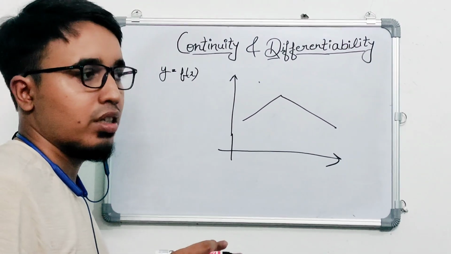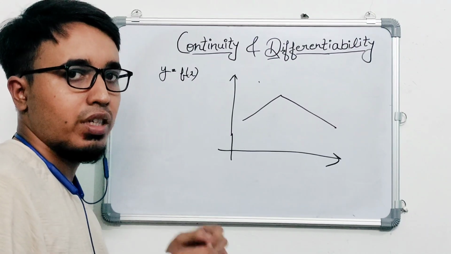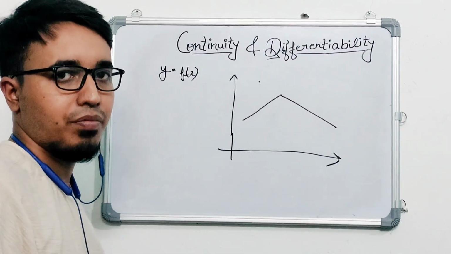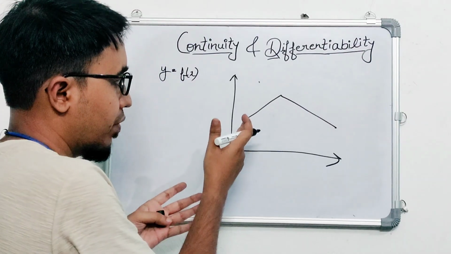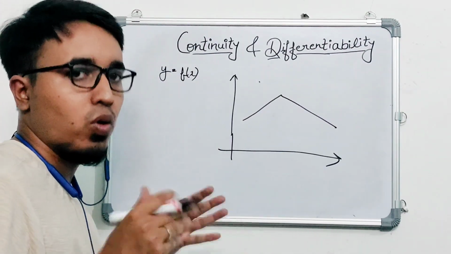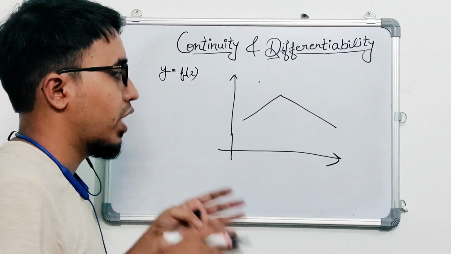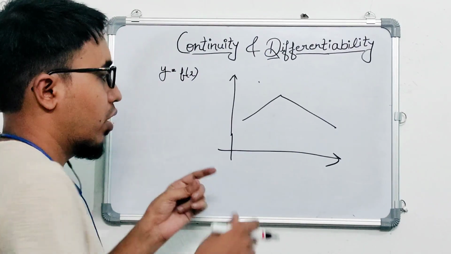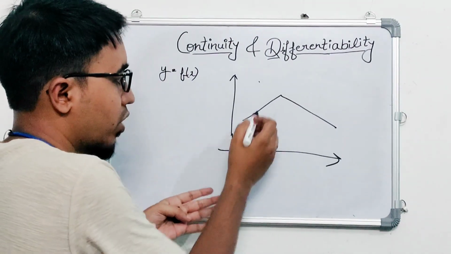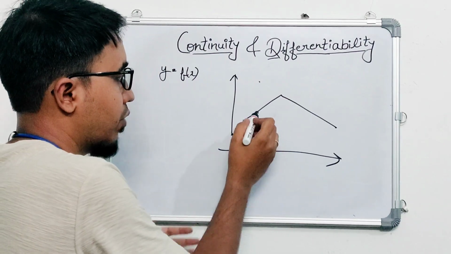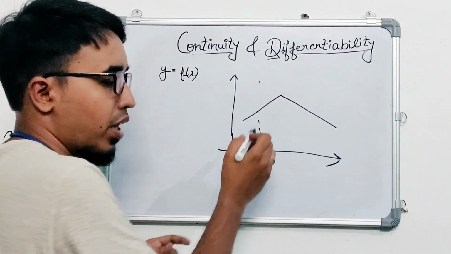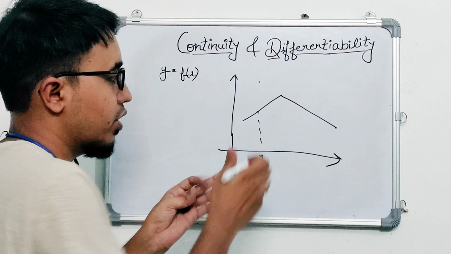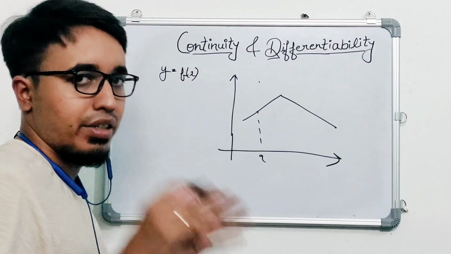Differentiability is about whether the derivative of a function exists. I have already told you what a derivative is in my previous video. A derivative is a tangent at any point. Suppose this is a point and I have to make a tangent over here. If I am able to make a particular tangent here, then its derivative exists.